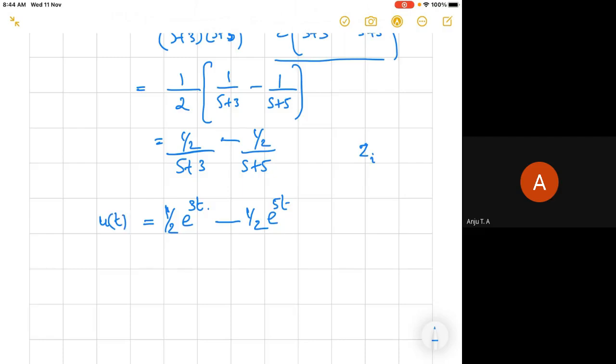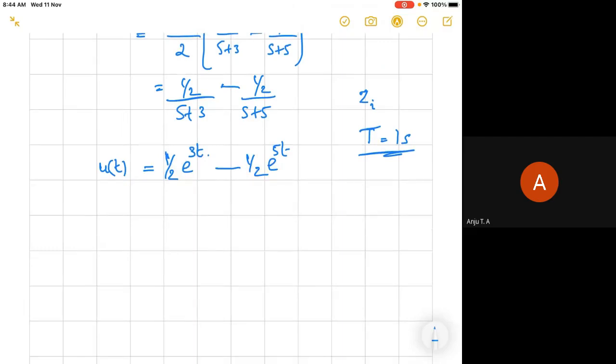So suppose your sampling time is equal to 1 second. Sampling time may change with respect to your signal. So if you are taking a speech signal, the Nyquist criterion for that is 4 kilohertz, so you require at least 125 microseconds for the sampling time Ts.